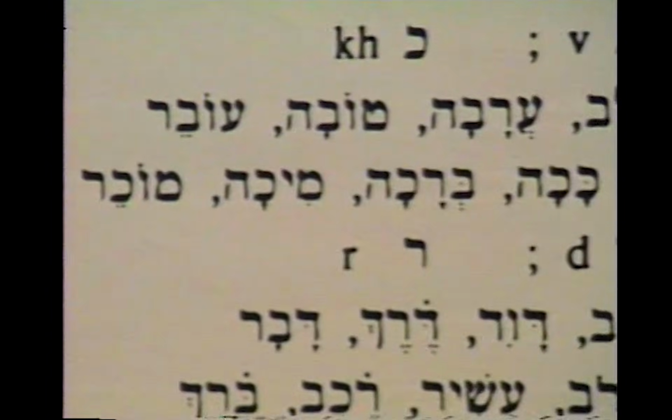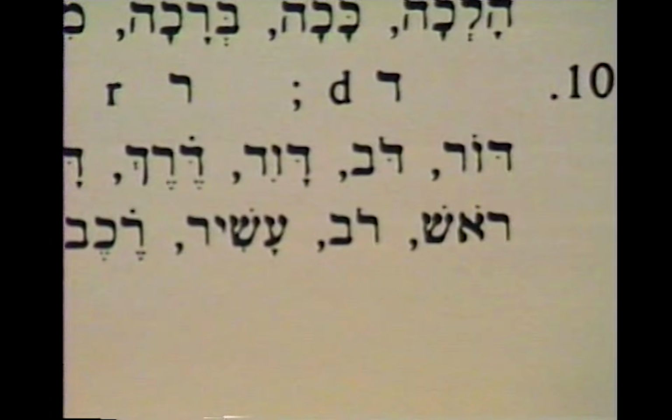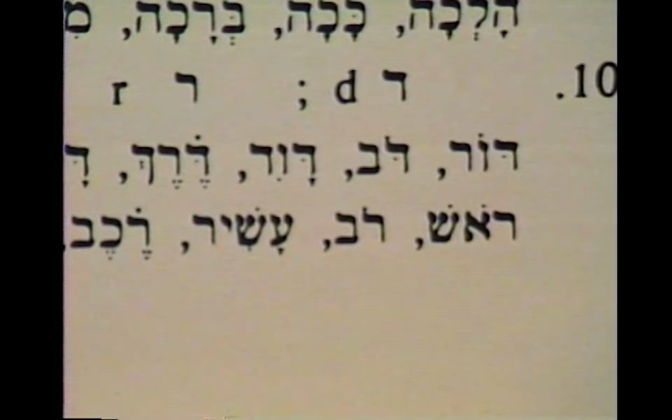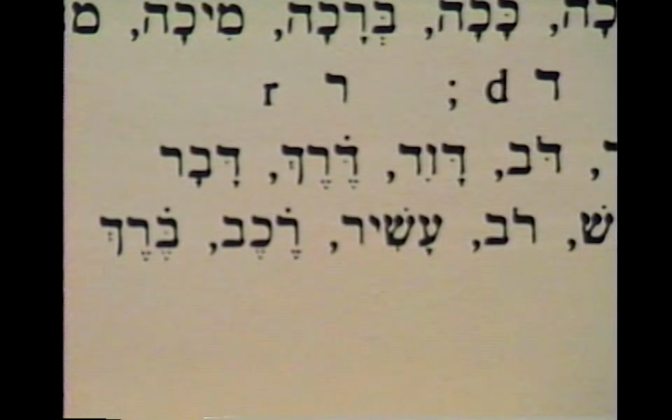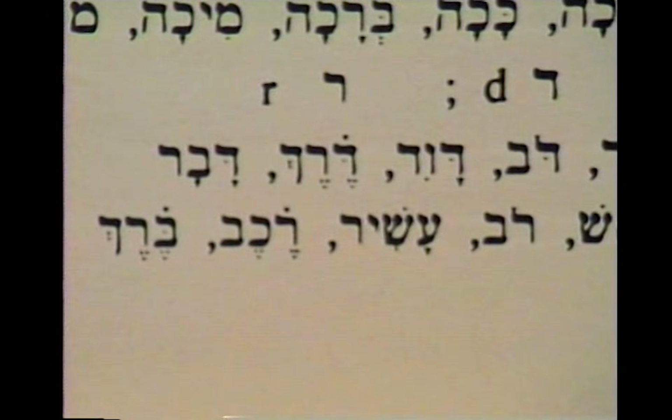All right, number 10. Try to distinguish between the dalet and the resh. Dode, dove, David, Derek, Davar. Next line.